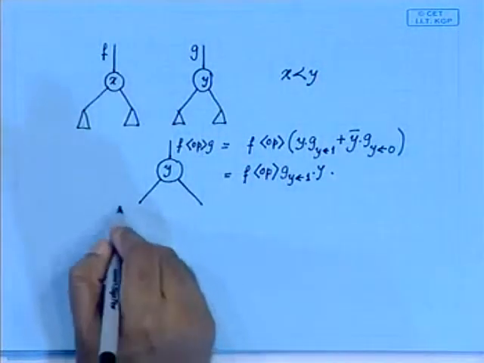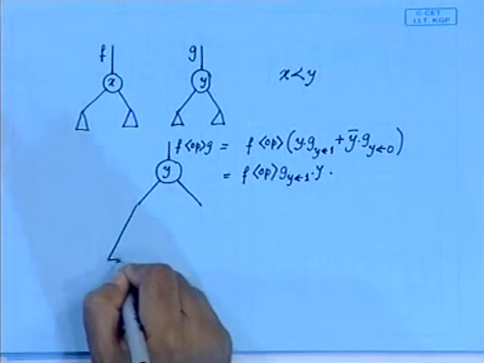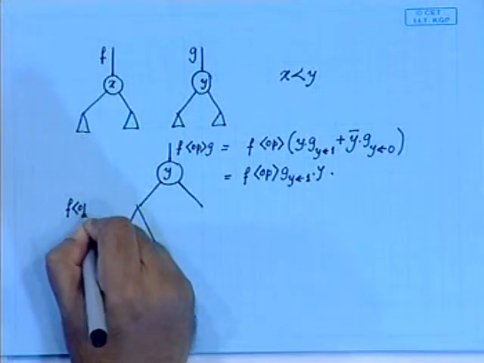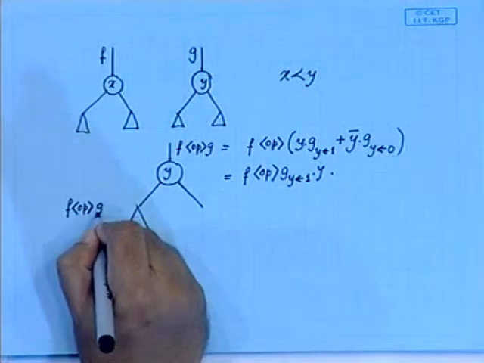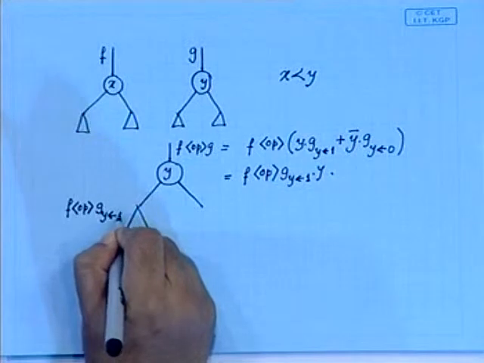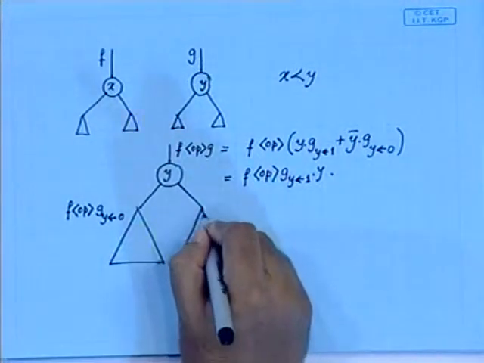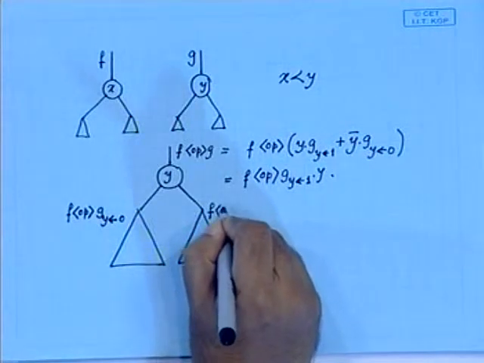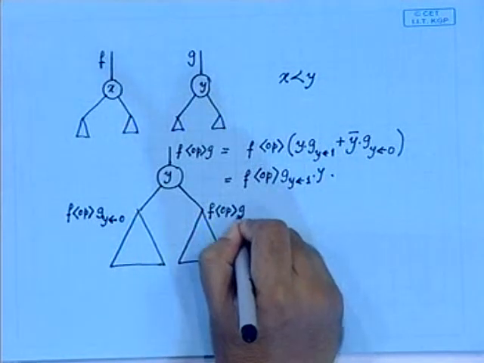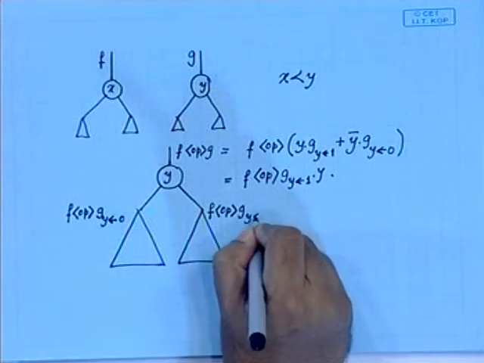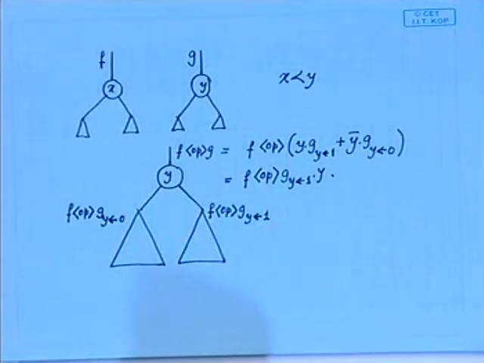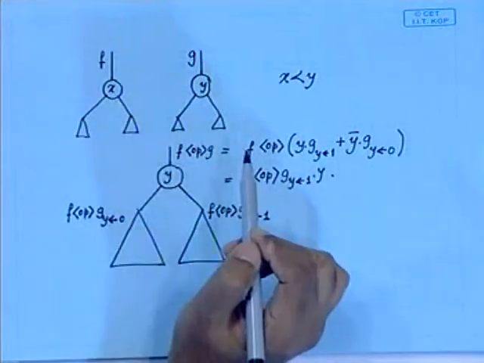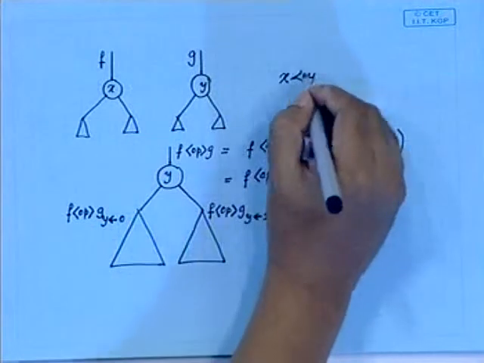So on this side of the BDD, I will have f op g with y restricted to 0. On this side, I will have f op g with y restricted to 1. So when I have x and y and x precedes y, I did it this way.